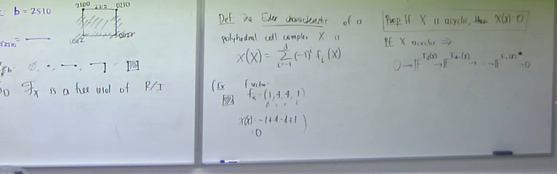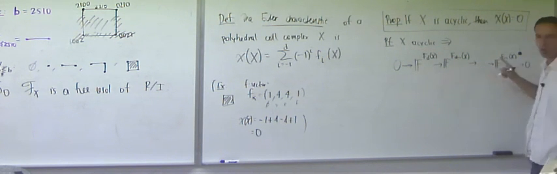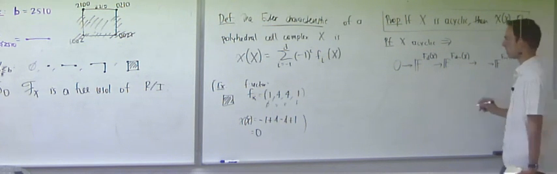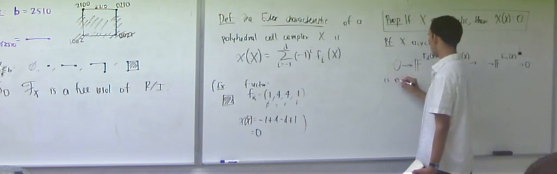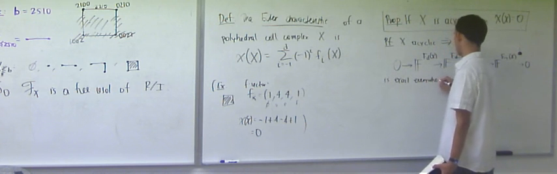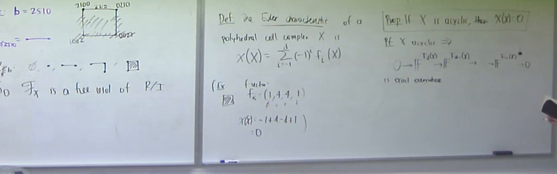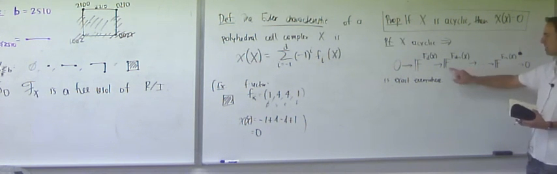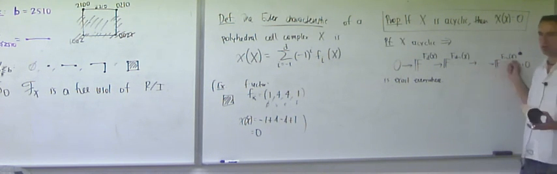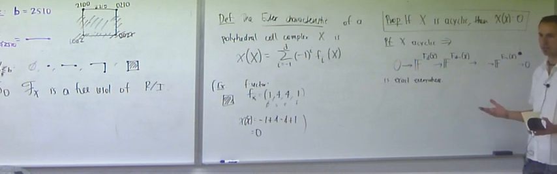And saying that X is acyclic means that there is no homology anywhere here. So this is exact everywhere. Is that clear? Remember that basically the homology measures how inexact this thing is. So if there is no homology, that means that this thing is always exact.